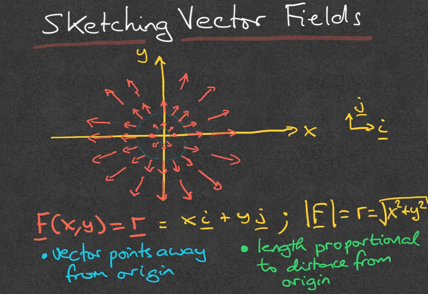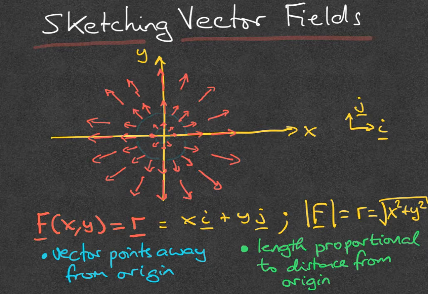Then up here. So again, all of these arrows are supposed to have the same length, and you can see we're going from shorter to longer arrows as we go away from the origin. And all of these arrows, if you trace them back, as far as I've drawn them correctly, should be pointing straight back at the origin.